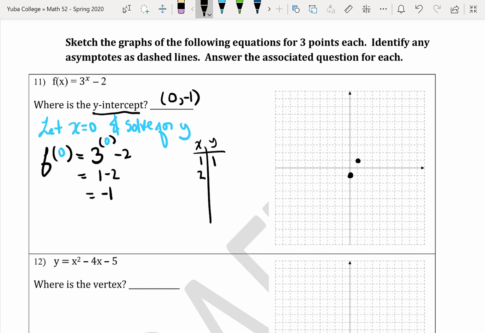So let's look at what happens when we plug in a negative number. If we plug in -1, we just do this on the side. This is the same thing as saying 3 to the -1 power minus 2. Well, 3 to the -1 power is 1/3, minus 2. We need a common denominator, which is 3.